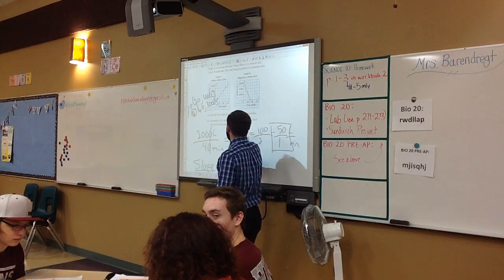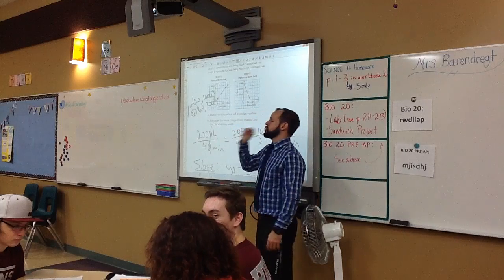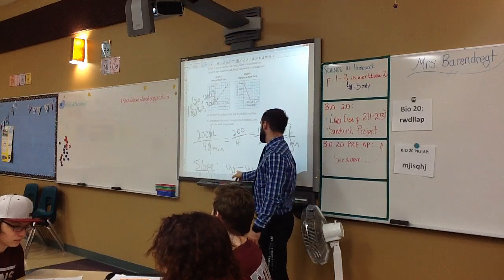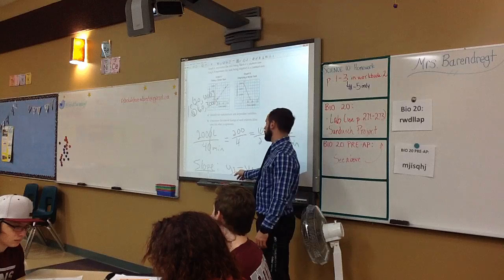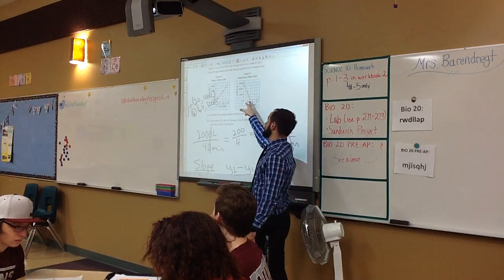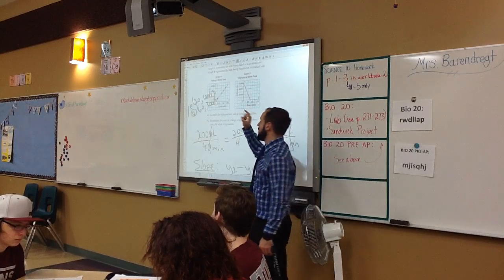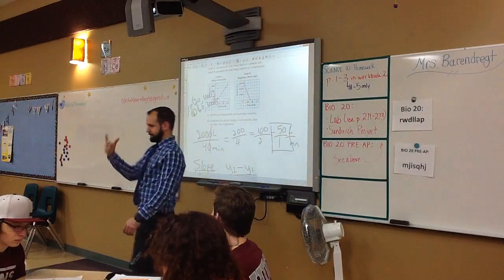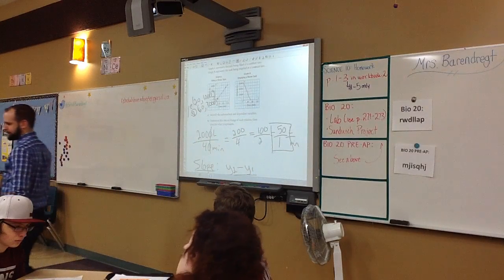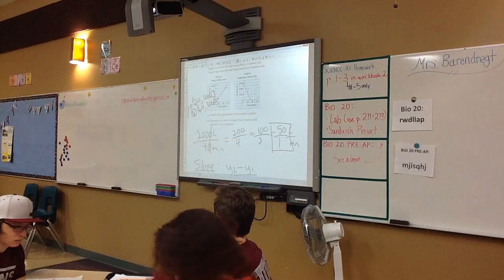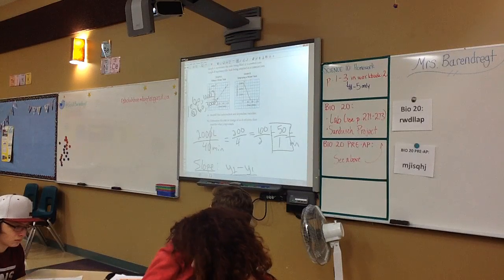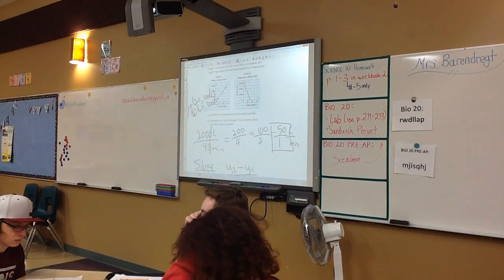Okay? Having said that, what's my rate of change using this formula, y2 minus y1 over x2 minus x1, to tell me what the rate of change is here? Go ahead. I want you to prove it to me somewhere.